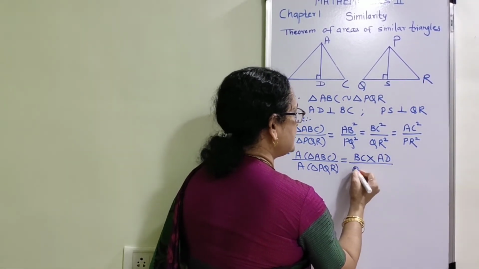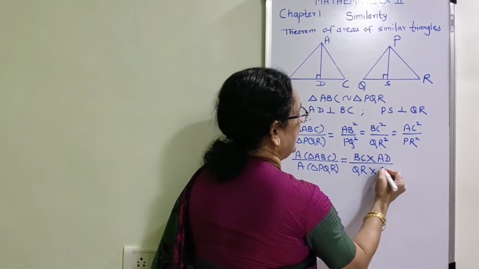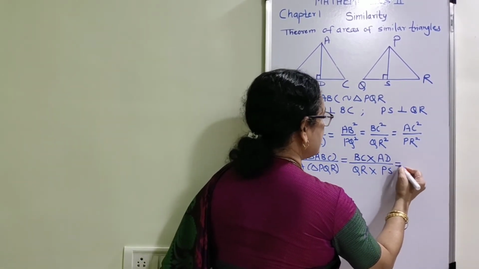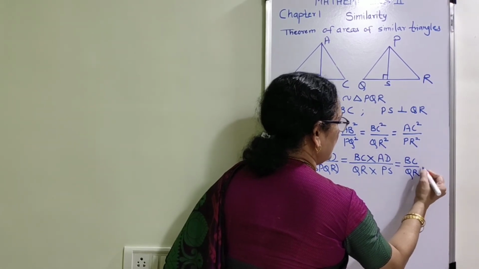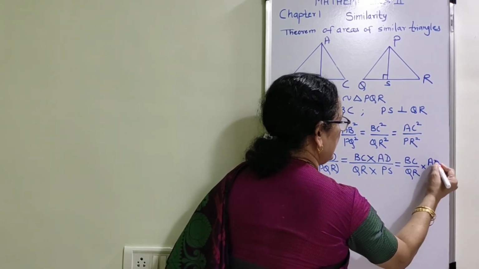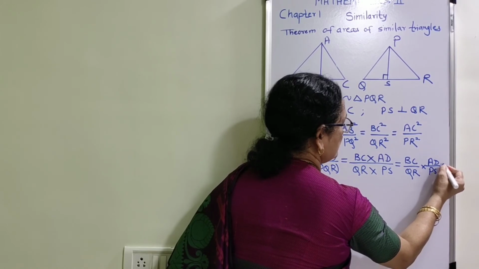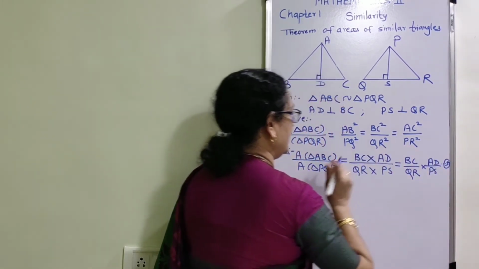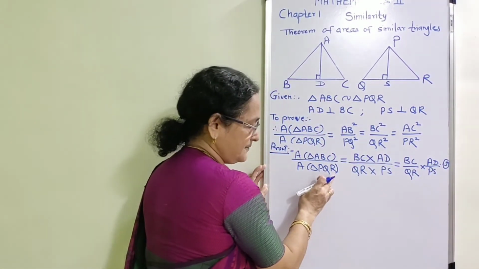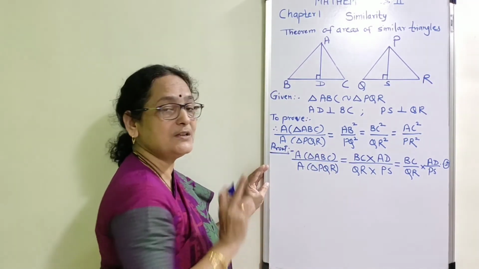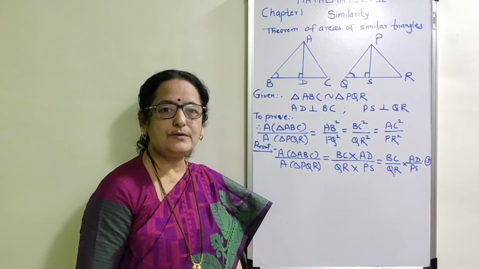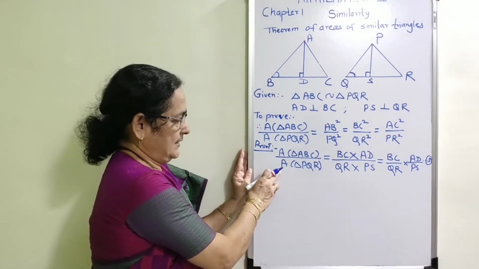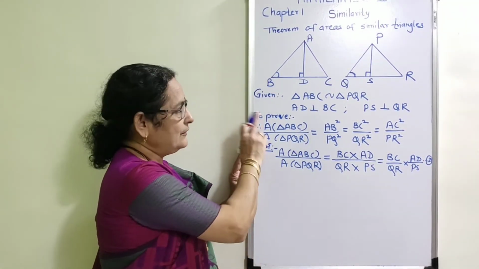Then QR is the base of the second triangle and PS is the height. Now separate this: BC upon QR multiplied by AD upon PS. This is your statement number 1. While writing this property, I have used the first property from our chapter. Students, this is the first step of our proof.